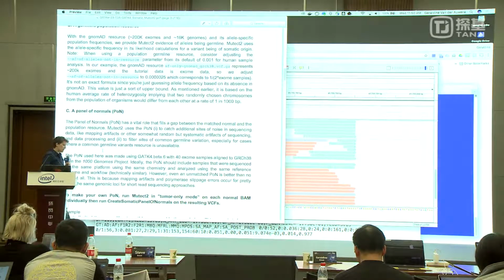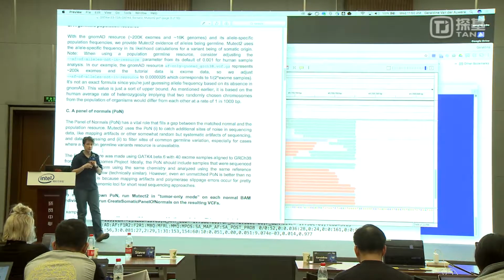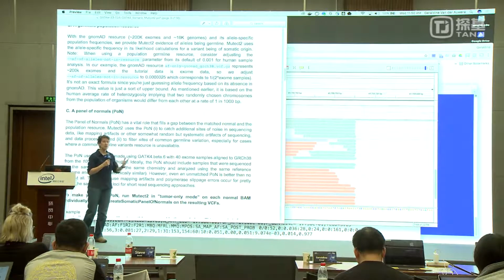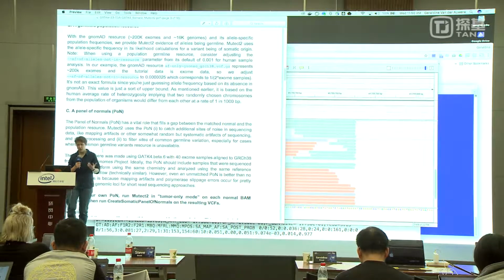Some technical artifacts are things that occur recurrently in many samples and are just due to sequencing context or biochemical events that are somewhat predictable. And so that's what the panel of normals is going to help us eliminate.